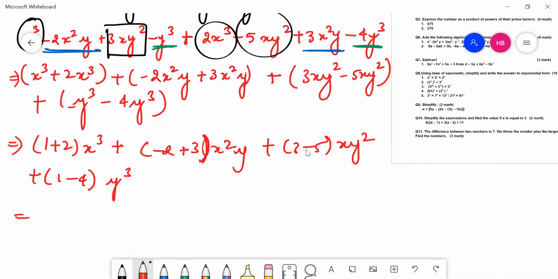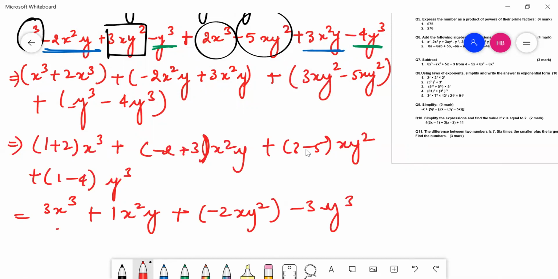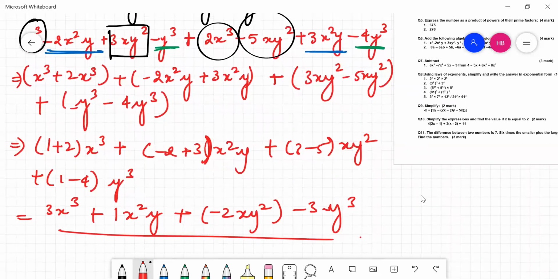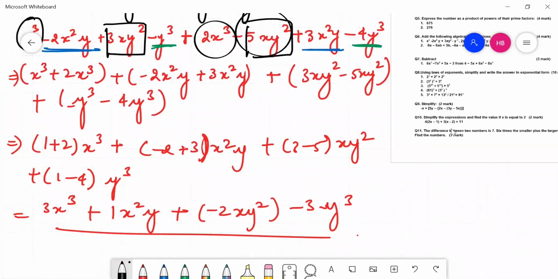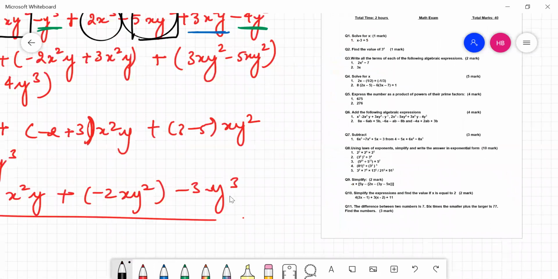So it would be 1 plus 2, that is 3x cube, plus 1x square y plus minus 2xy square and minus 3y cube. This is your answer. Okay, I hope it is clear. Just to be clear, this was the square part so that you don't get confused. Yes, this is the answer, guys. If you have done it correctly, you will get the full marks.